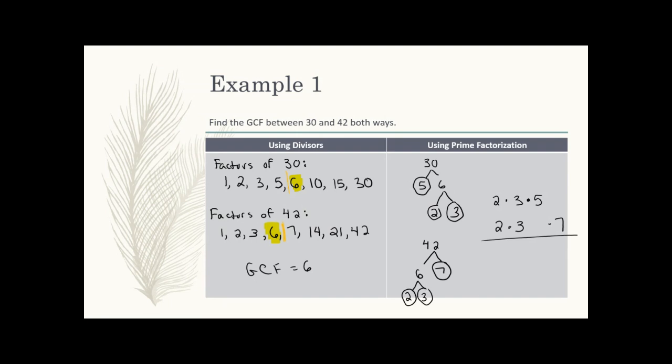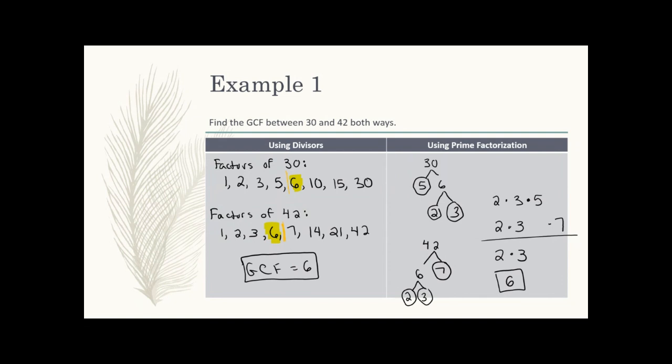Here, I'm only picking what's in common. And if they have different exponents, I would have to pick the smallest exponent. But the only things they have in common are the 2 and the 3. So 2 times 3 gives me 6, so that means the greatest common factor is 6. So we get the same answer.